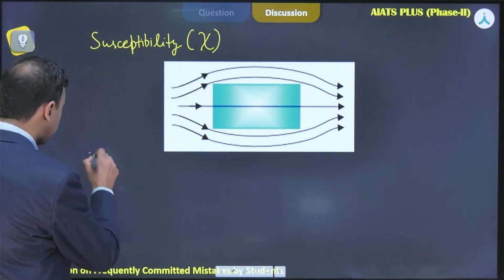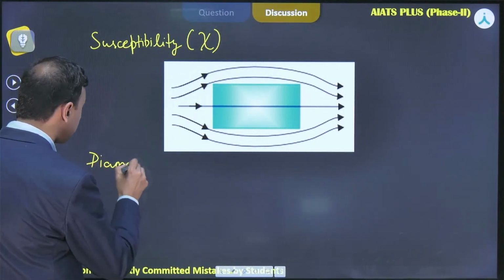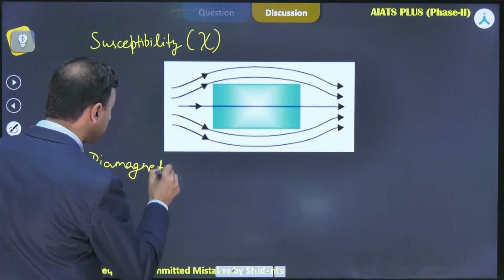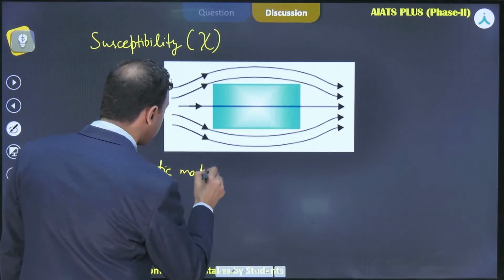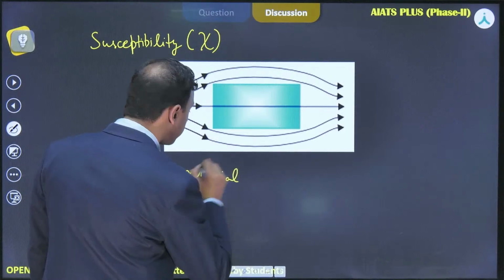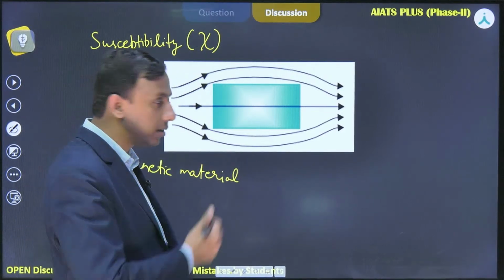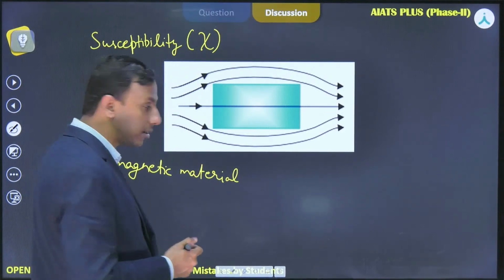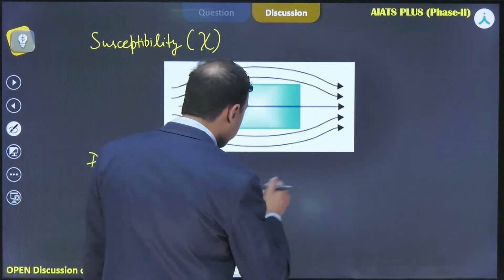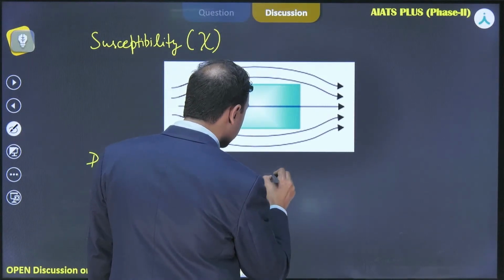So diamagnetic material is feebly repelled by the external magnetic field. So there is repulsion.